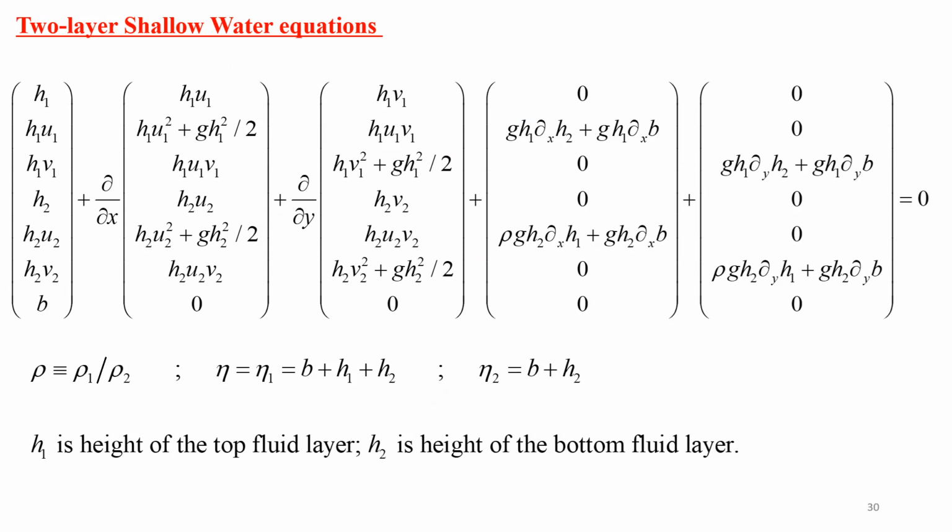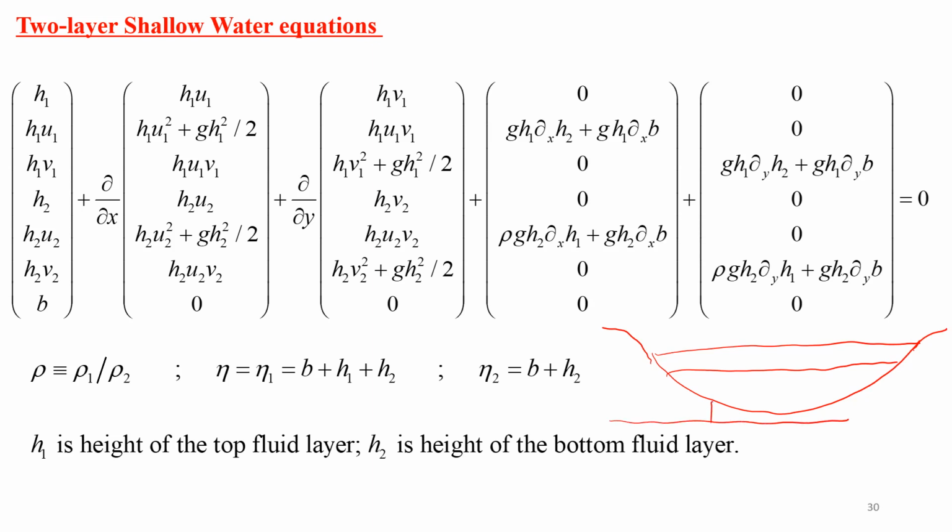Then let's go ahead and focus on our shallow water equations. Imagine, if you like, that you have a lake out here, and you have one layer of fluid and you have another layer of fluid on the lake. You can imagine that the bathymetry is the height of the bottom of the lake relative to some reference point.